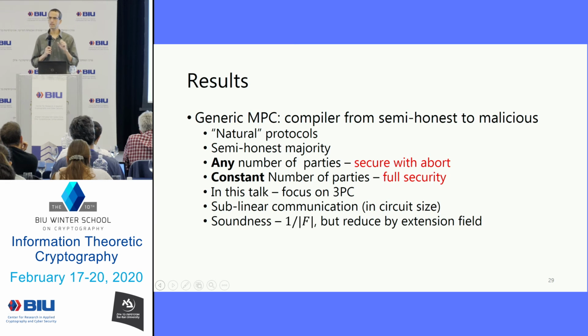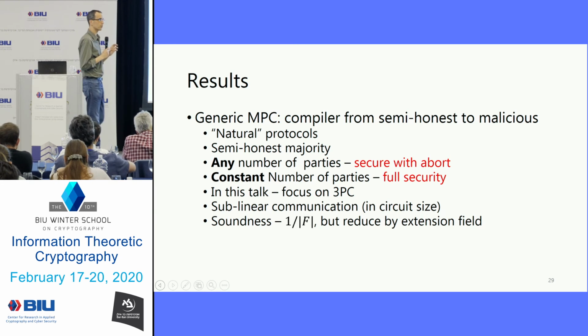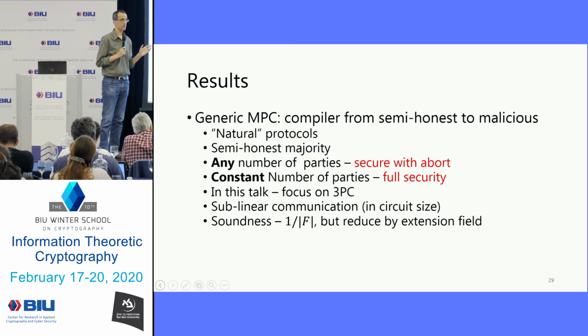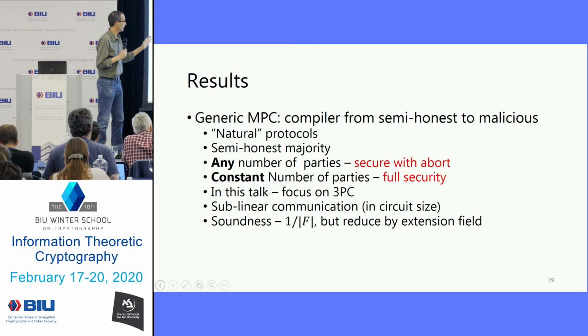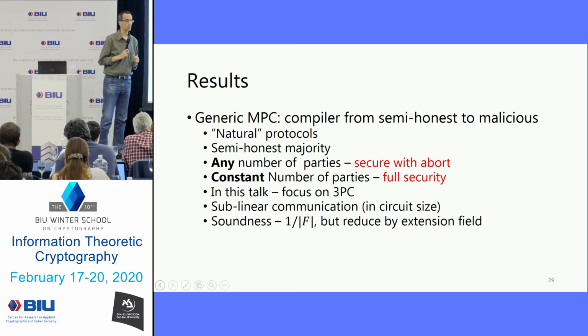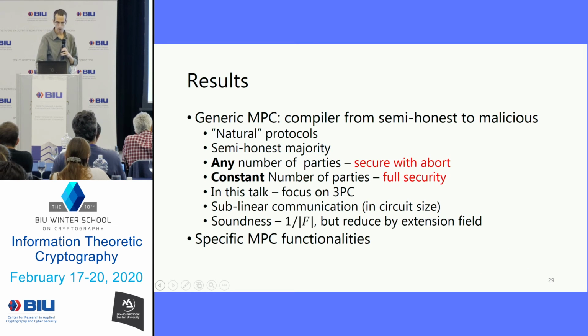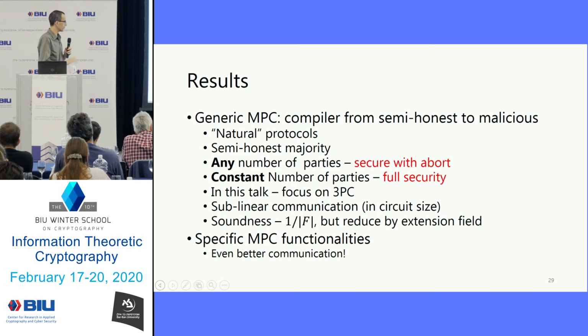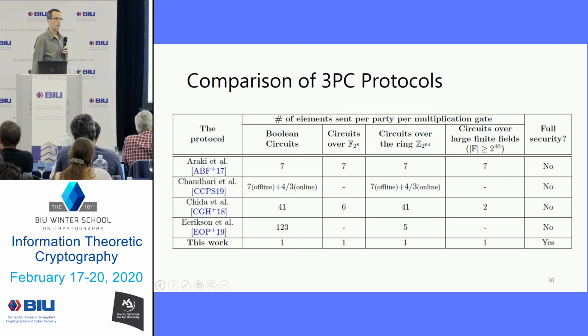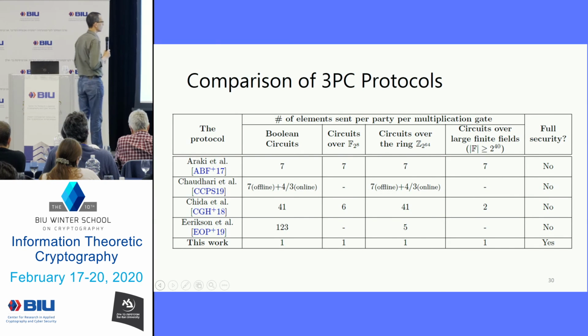But we can easily embed everything, not the whole protocol, not the semi-honest protocol, just the proof, in a larger field, as large as we want, and get it down to 1 over field size with very little difference in the price. There is even better communication for some specific MPC functionalities of interest. I won't go into it.